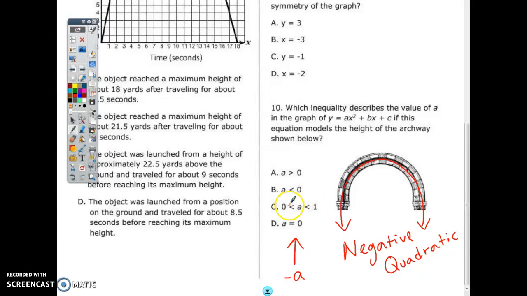So I need you to think about what type of numbers are between 0 and 1. And then D says that a is equal to 0. Well, I didn't say a is equal to 0. I said a is negative. So now you have something to think about and see which one of these would be the correct answer. Okay, go ahead and finish the paper by yourself. We're going to continue quadratics for the next 3 days.